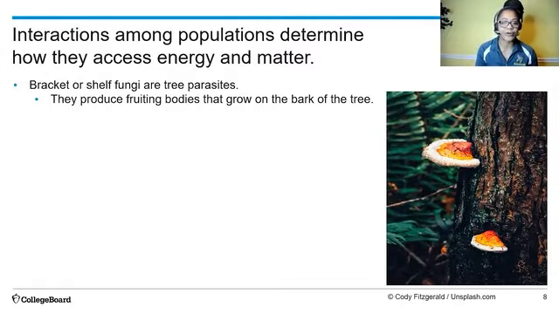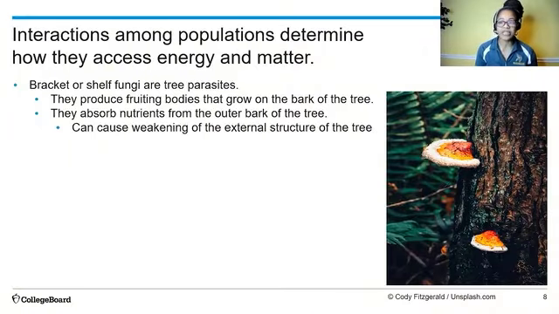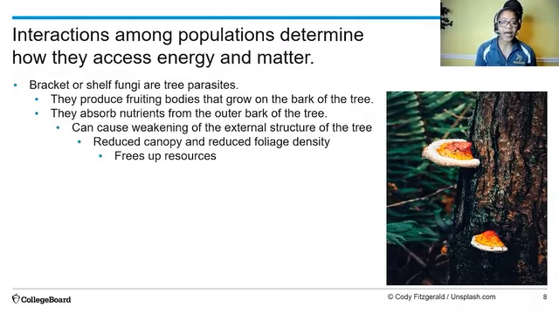Now, why is this considered to be a negative interaction? Well, they are absorbing nutrients from the outer bark of the tree, and that's actually robbing the tree of some vital nutrients. This could eventually lead to the weakening of the external structure of the tree. Therefore, the tree may not produce as many leaves or foliage.